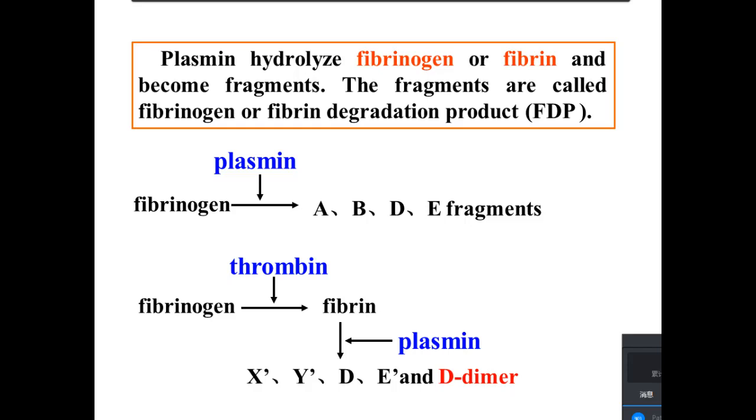Now, during DIC, is there D-dimer or no D-dimer? During DIC, FDP increases. Now, is the FDP produced from the first pathway or the second pathway?